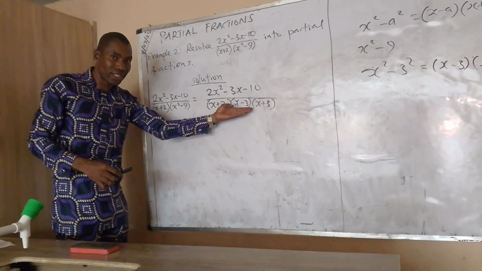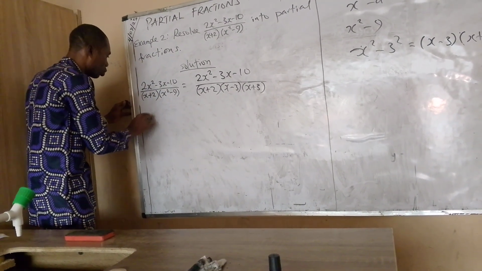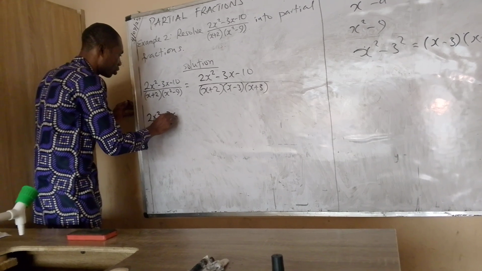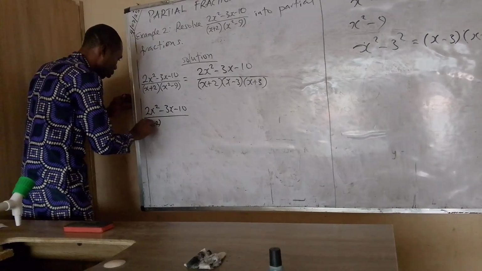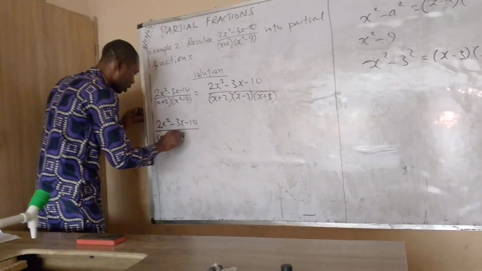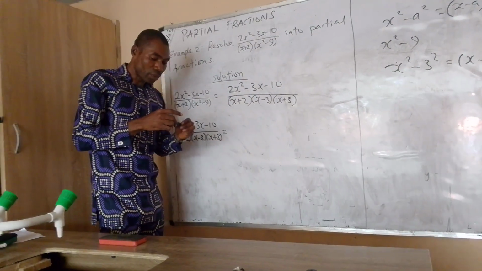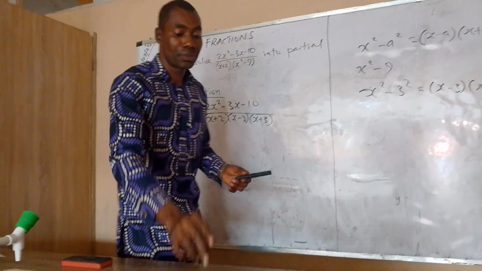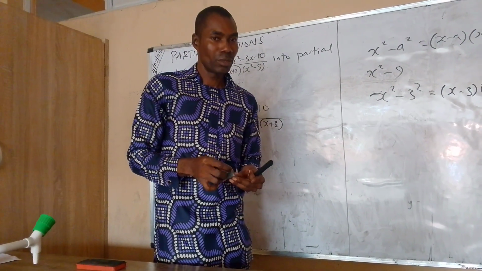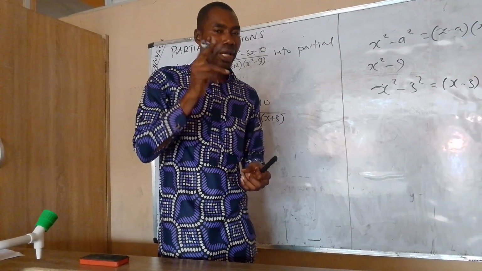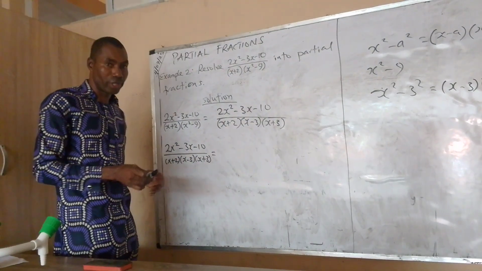Now I'm going to use this as my compound fraction. So bring this on the next line. This will give us 2x squared minus 3x minus 10, everything over (x plus 2) into (x minus 3) into (x plus 3). Now, from the first example, I told us that the number of partial fractions you are going to obtain from a single compound fraction is determined by the number of linear factors in the denominator.